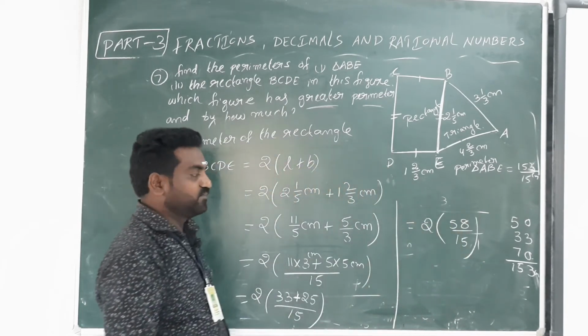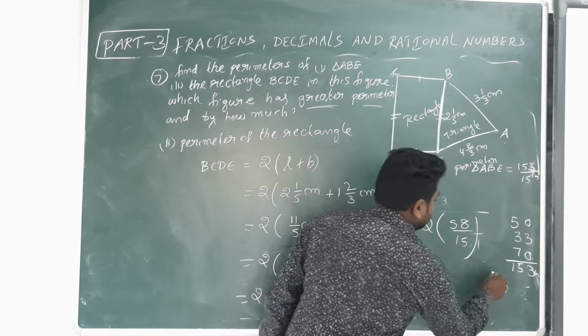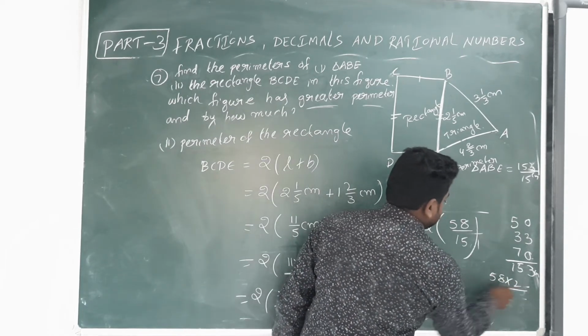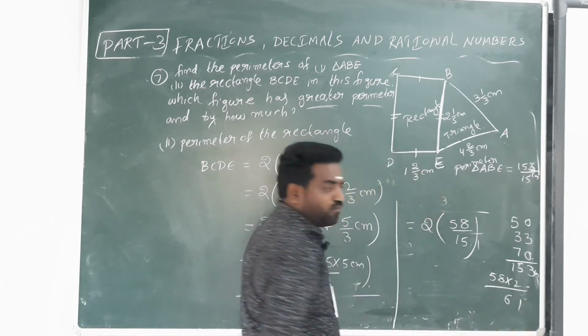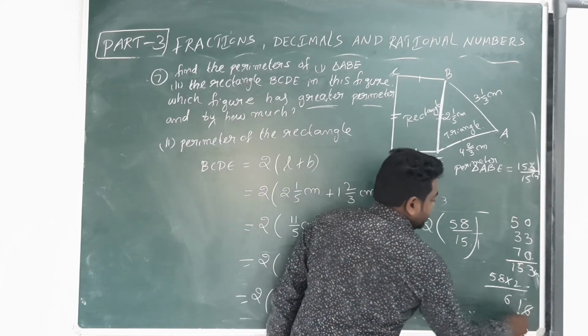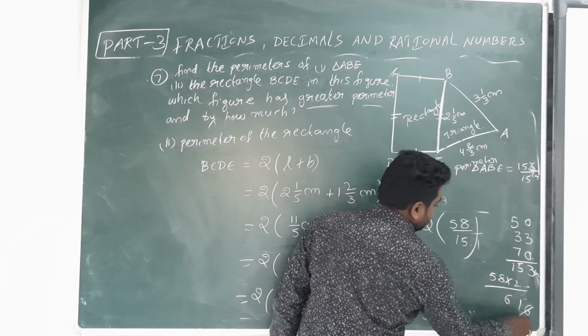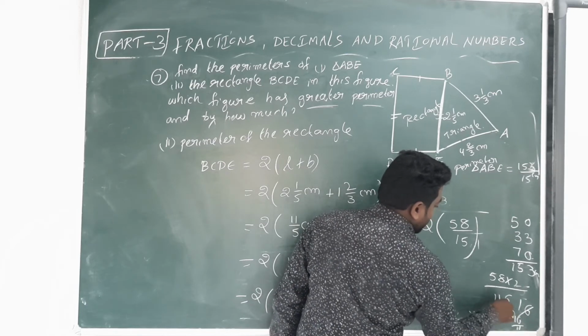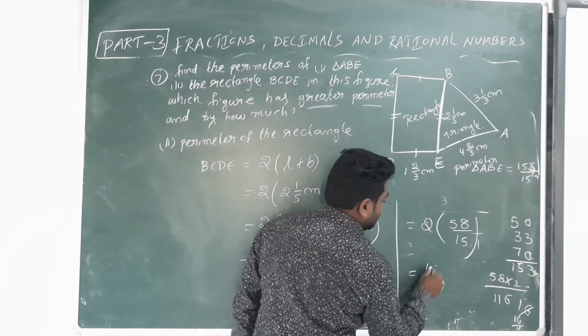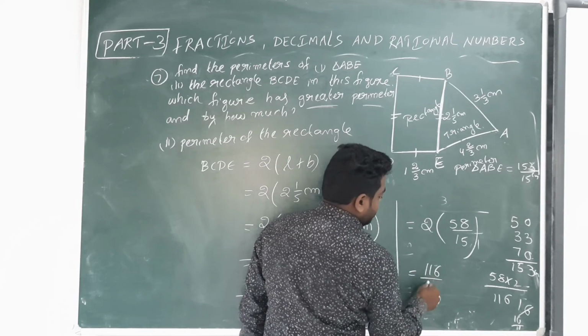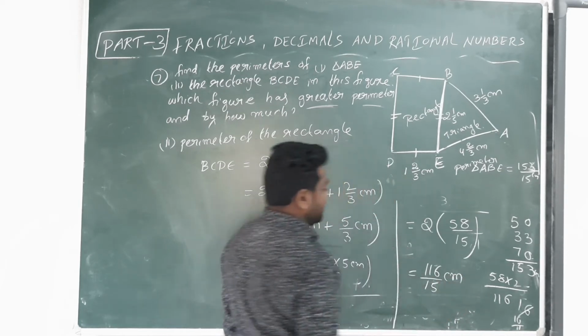Then 58 into 2: 2 8s are 16, carry 1; 2 5s are 10, 10 plus 1 is 11. That gives 116/15 centimeters.